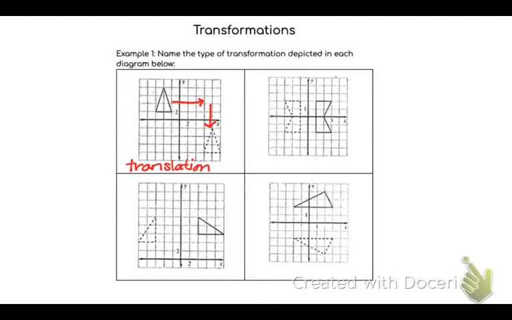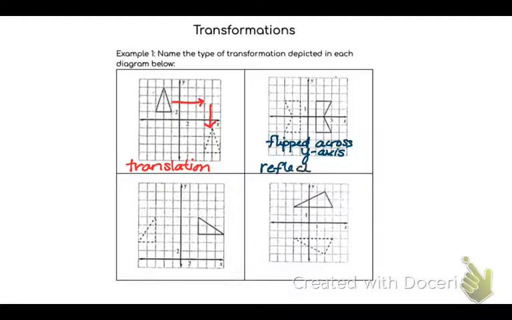The next picture has been flipped. We flipped it across the y-axis, and when we flip across the axis, we call that a reflection.